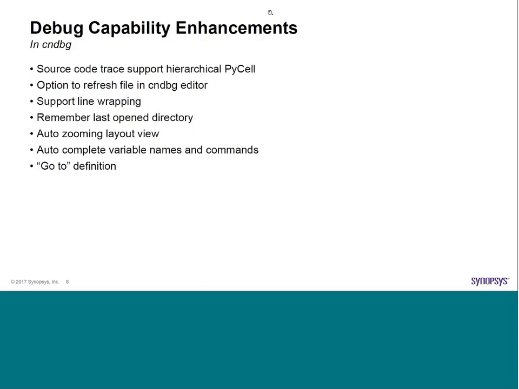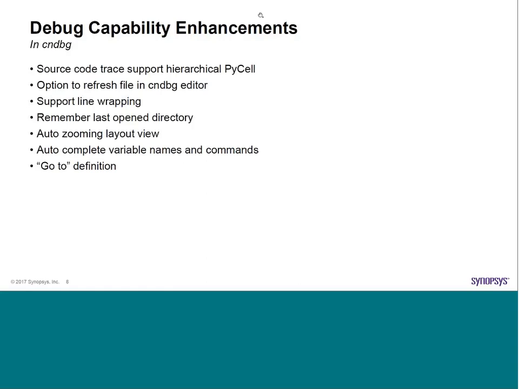Now the other thing is auto completion of variables and commands. Whenever you are typing something inside the text editor, if there is already a variable defined, a drop down will come asking whether you want to complete this variable name. If there is an existing command or a custom function in PyCell Studio or the Python code that you're using, it will give you the option to use those functions.